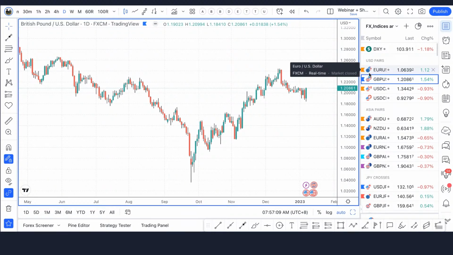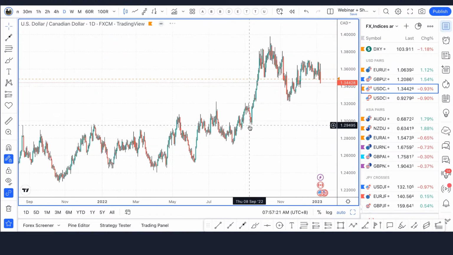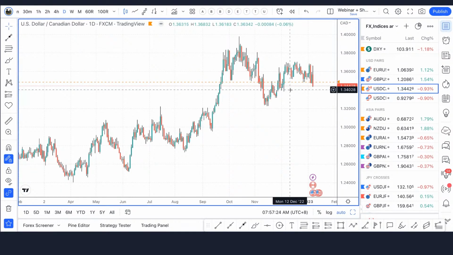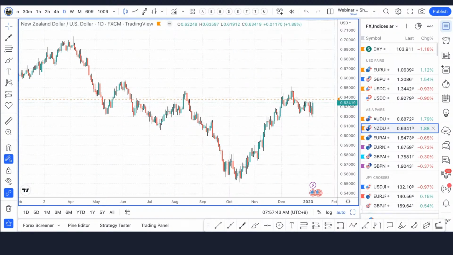So as a whole, if I were to look at the major currencies against the USD, right? I would say that I would be more biased in terms of going long against the dollar, maybe US dollar CAD, or Aussie USD, and maybe also New Zealand.